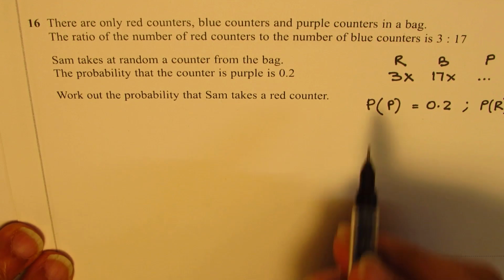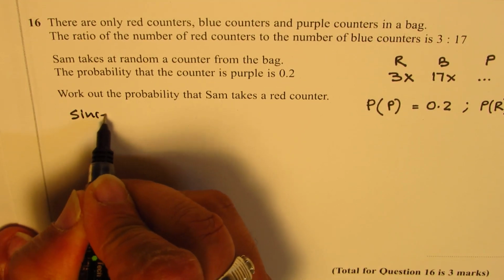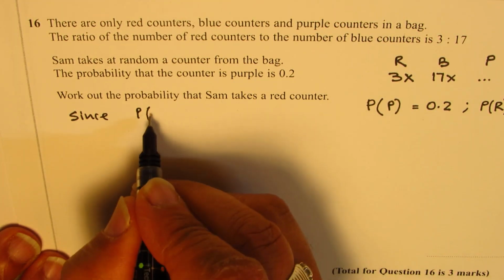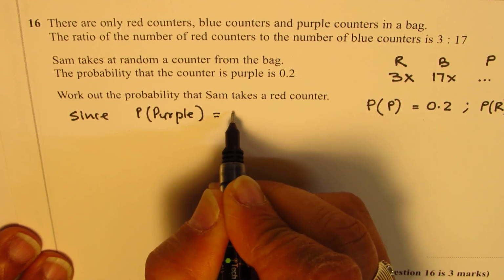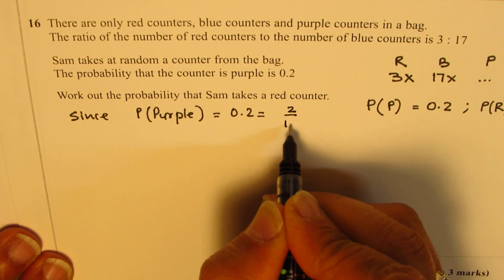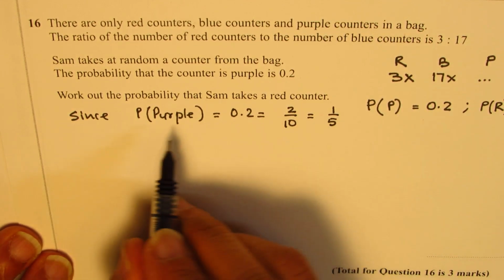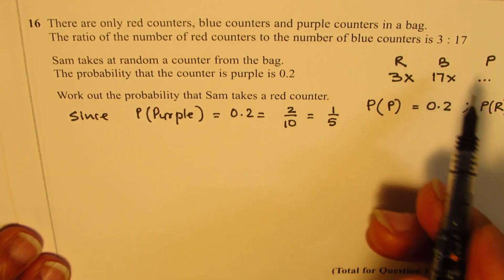Okay. So, since the probability of picking purple, let me write purple in full, is 0.2, that basically means 2/10, right? Or you could write this as 1/5. That is given to us. The other two are either red or blue.